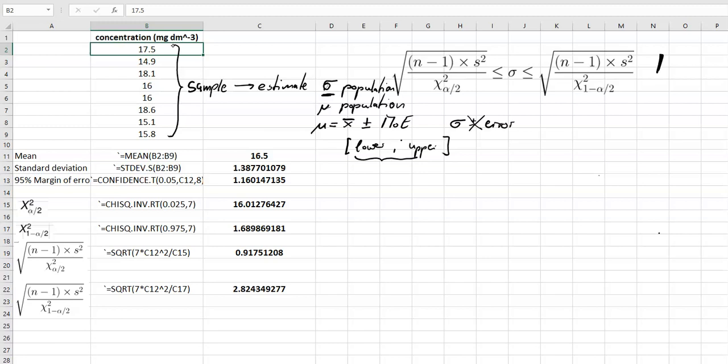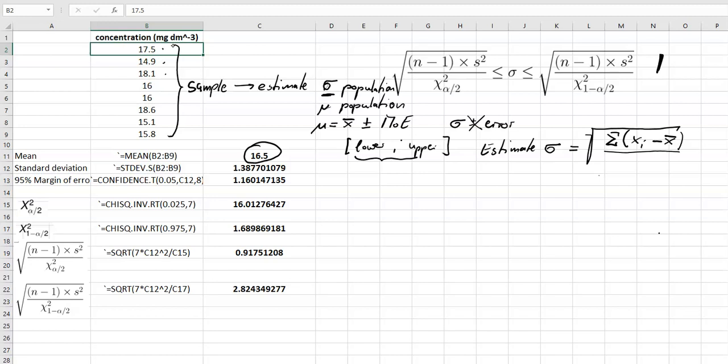The estimated standard deviation of the population is calculated by the equation square root of the sum of the individual observations, and I call them x sub i, these observations that we have here, minus the mean of our sample, and that's this one that we've calculated here, divided by the number of counts.